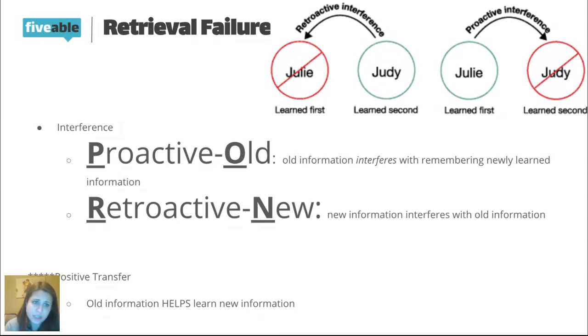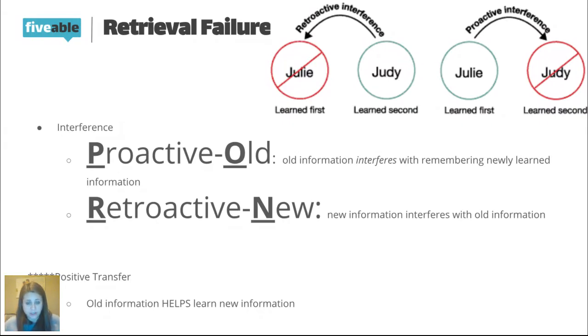It's just one way the old is interfering and one way the new is interfering. Like I said, I use the acronym PORN. It's usually an easy way to remember that with proactive, we start with the old interfering with the new, and retroactive is the new interfering with the old. Not all of the time, though, are old information and new information conflicting.